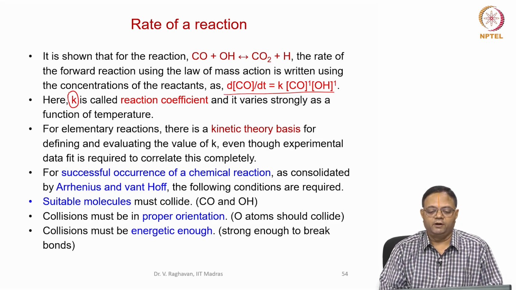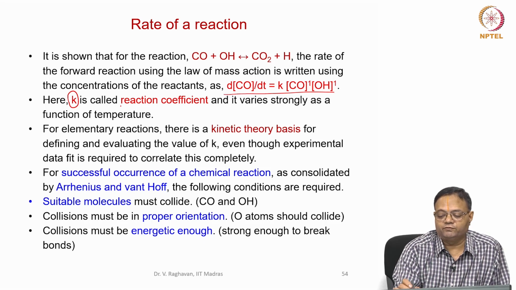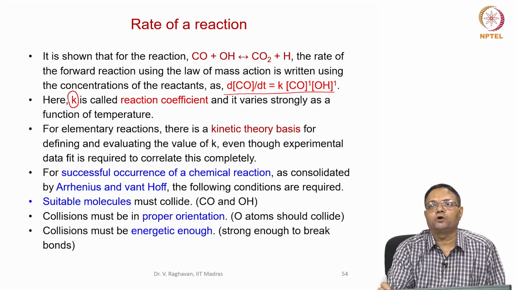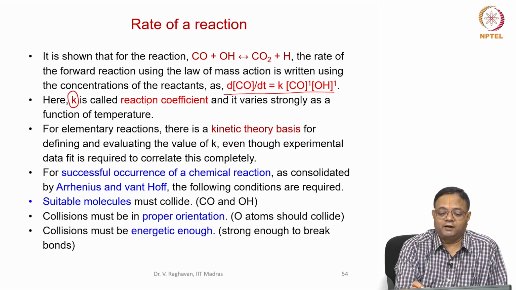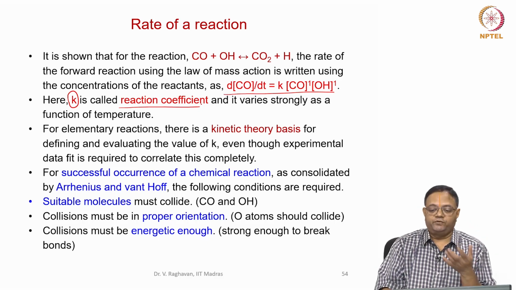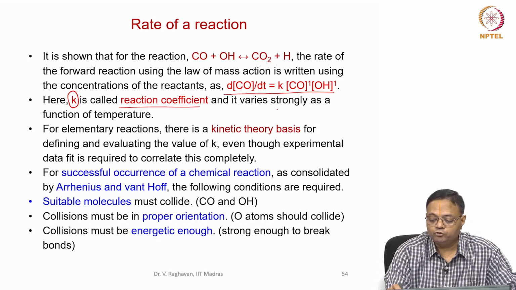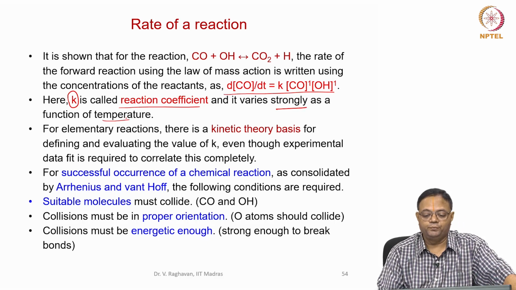A lot of experiments have to be done. This is a constant of proportionality because we have said the rate of reaction is proportional to the concentrations. So, this is a constant of proportionality, but it is not a constant in fact. It is a rate coefficient which varies as a strong function of temperature.